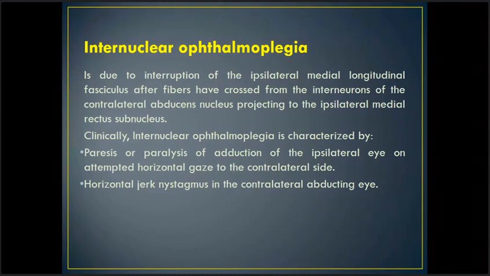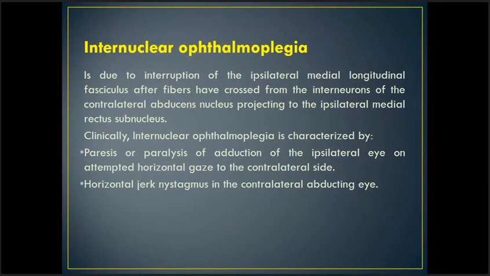Although it's not common, one of the manifestations of multiple sclerosis is internuclear ophthalmoplegia. Internuclear ophthalmoplegia is one of the neuro-ophthalmic manifestations due to a defect in gaze.